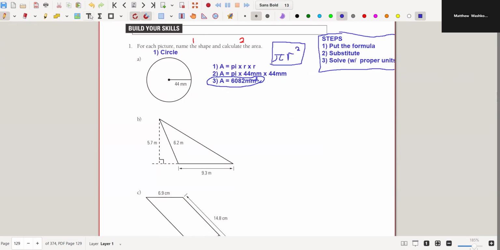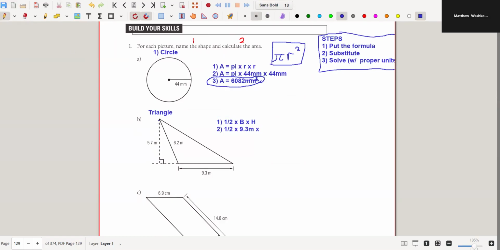So question two, obviously it's a triangle. So now you're noticing, steps to success, it's a formula. The area formula is a half times base times height. Step two, substitute. My base is 9.3 meters. My height is 6.2 meters? Wrong.